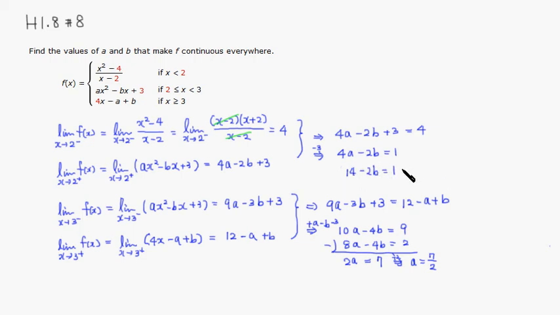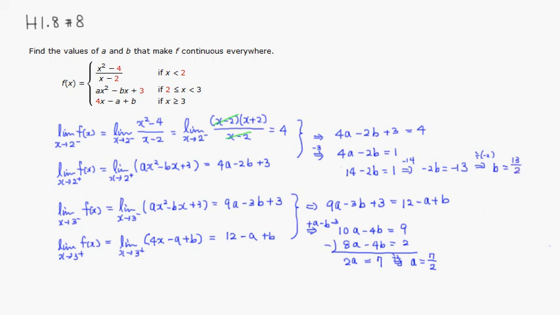Subtract 14 from both sides, and we get negative 2b is equal to negative 13. Then you can simply divide through by negative 2 to isolate b, so b is 13 halves.